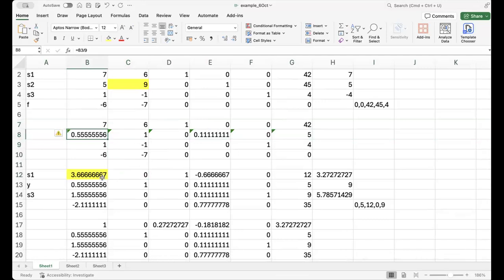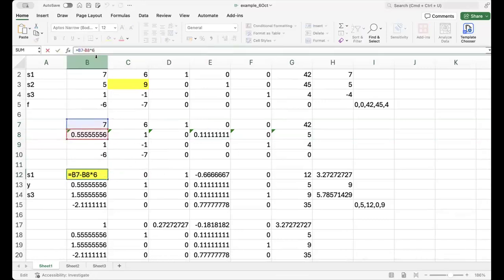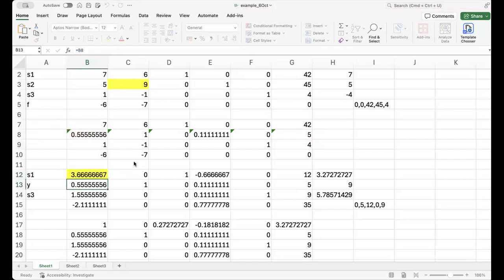So you see, here, we multiply this row by 6, and then we subtract row number 7. Okay, good. So you will get 0 here.